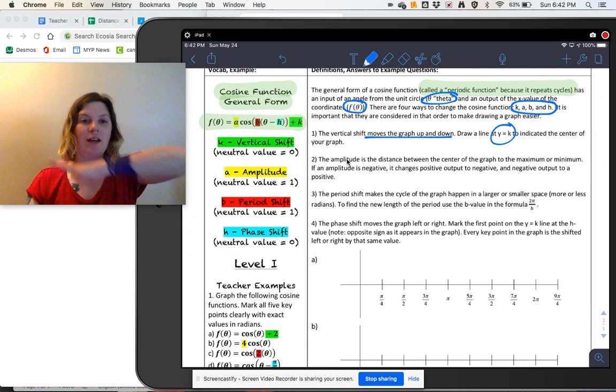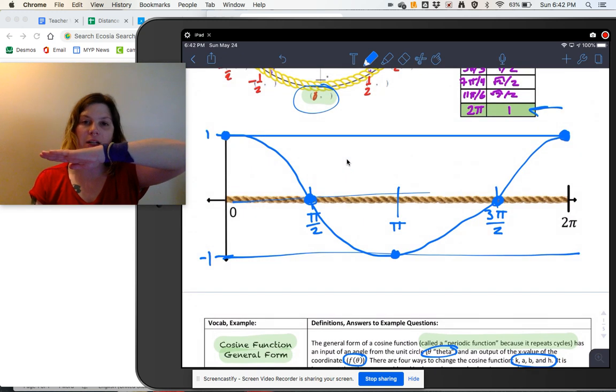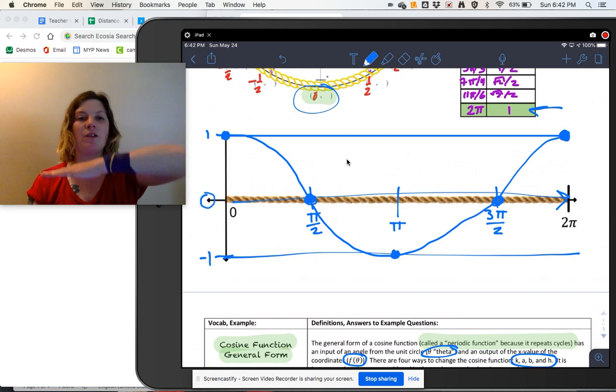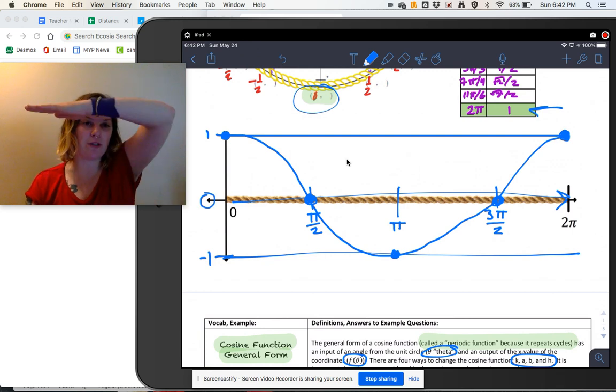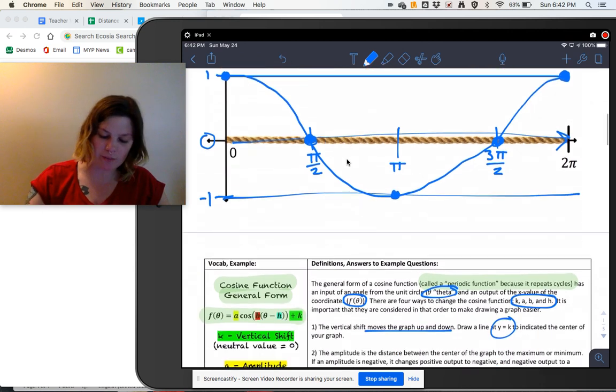That's the middle line. The k value makes it go up from 0. Remember, this middle line was 0, and it can go down. So if I had k equals 3, it would be up to 3. If I had k equals -1, that middle line would go down to -1. We'll do some examples of that.